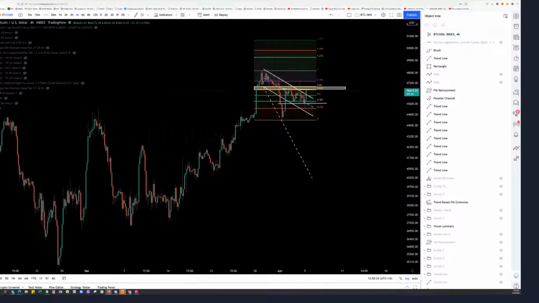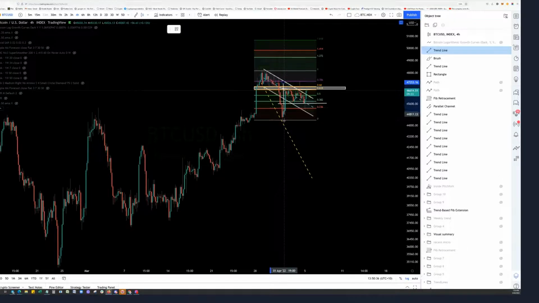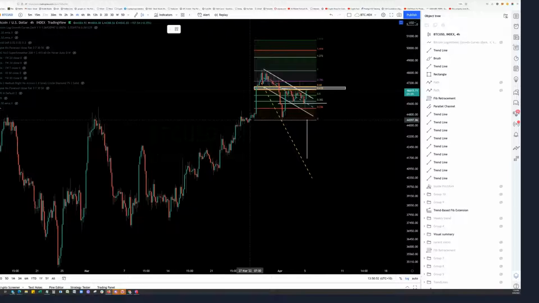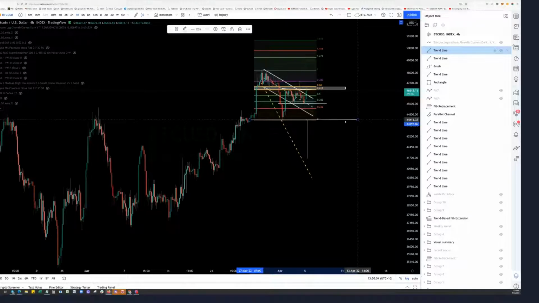If we were to use this method, we can probably go down to that level there or more if we were to break that level, especially if we break this level here. If we break that level, definitely we can go down at least to mid 41k.